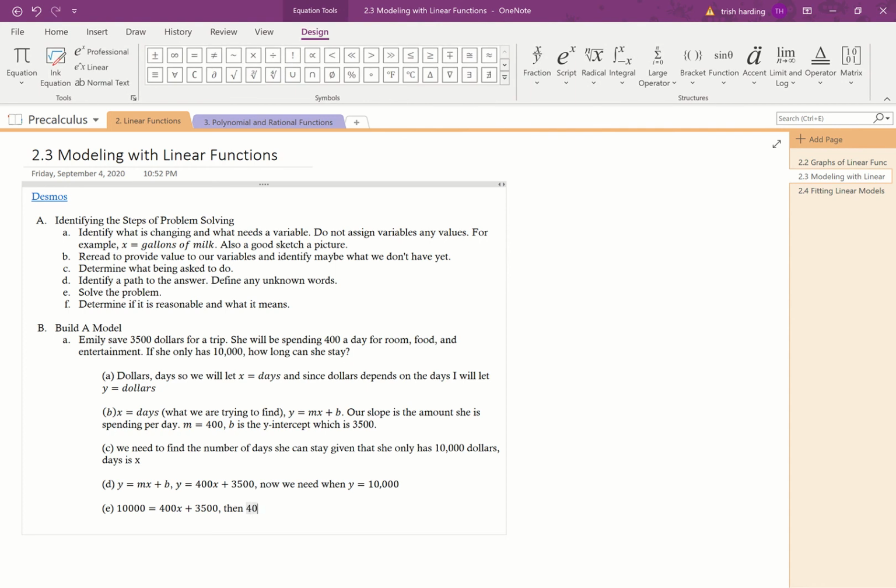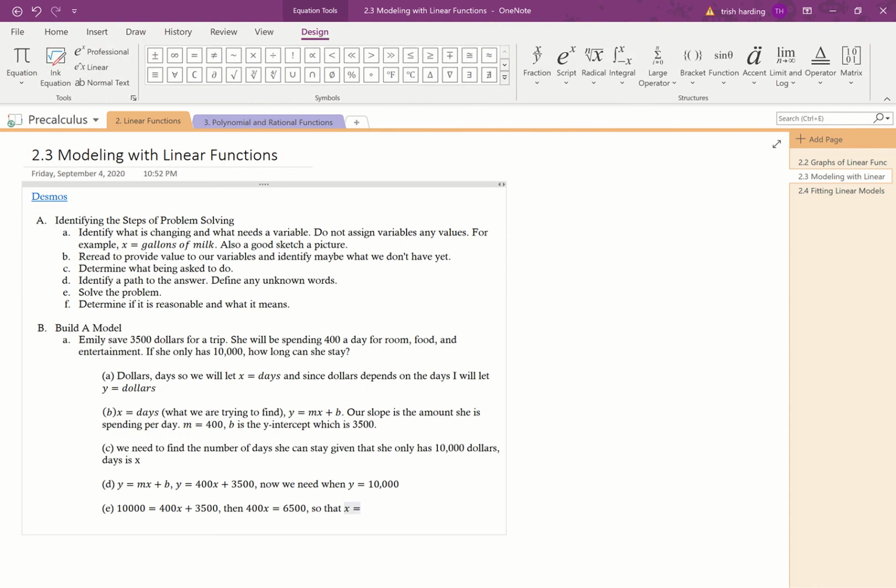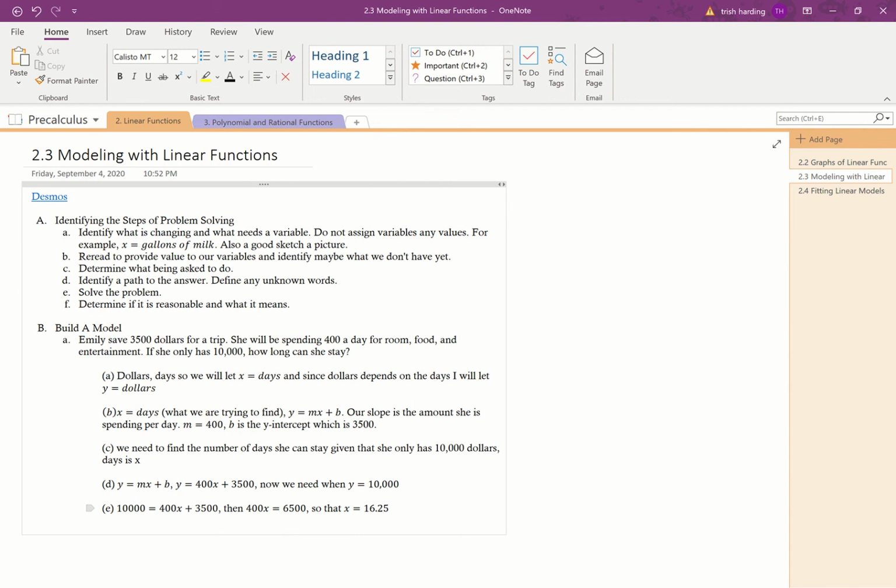Then 400x is going to equal, let's see, 6,500. And now when we divide that by 400, x is going to equal 16.25 days.